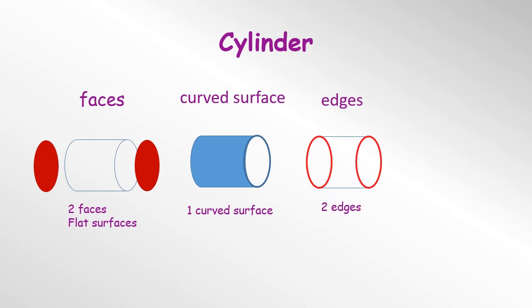The 2 red rings represent the edges. They are connected by the curved surface from the middle and the flat surface from the 2 ends. For the vertices, you can see that the edges do not meet. As a result, the cylinder cannot have any vertex.